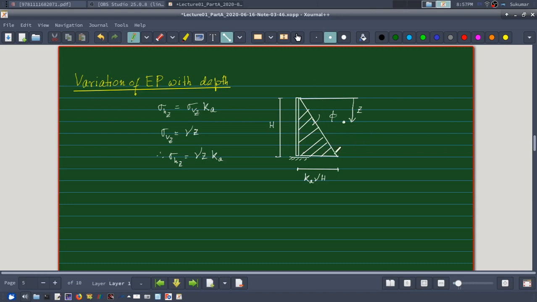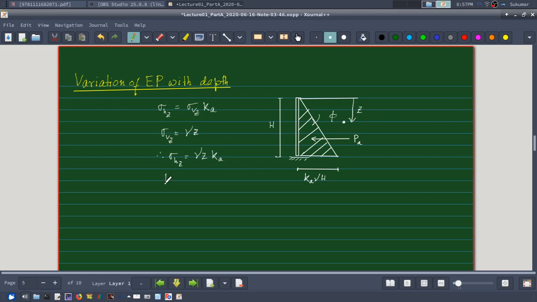It varies linearly with depth, and the area of this earth pressure diagram will give me the total earth pressure. So if I call the total earth pressure Pa, which will act in the horizontal direction of course, this is my Pa, total active earth pressure.